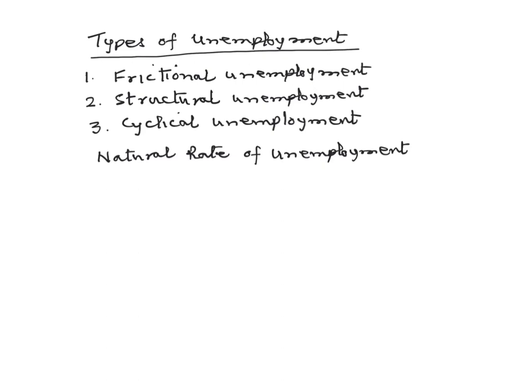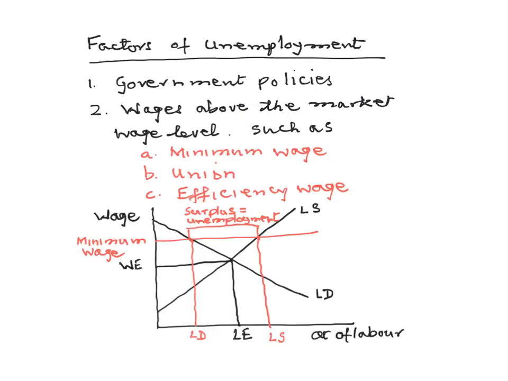The natural rate of unemployment is the normal rate of unemployment, consisting of structural unemployment and frictional unemployment. It is also called the full employment rate of unemployment.